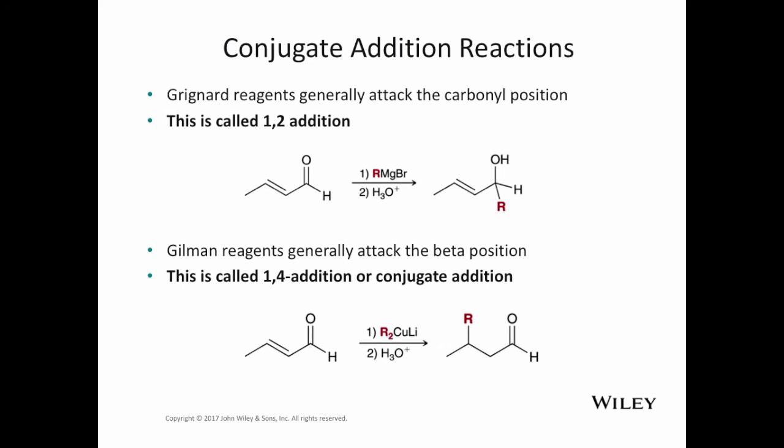So whether we attack at the carbonyl carbon or the beta carbon depends upon the reagent we use. Grignards tend to do 1,2 addition, where they attack at the carbonyl carbon, and then other types of reagents, such as Dieckmann's, do the 1,4 addition, where the nucleophile attacks at this carbon.